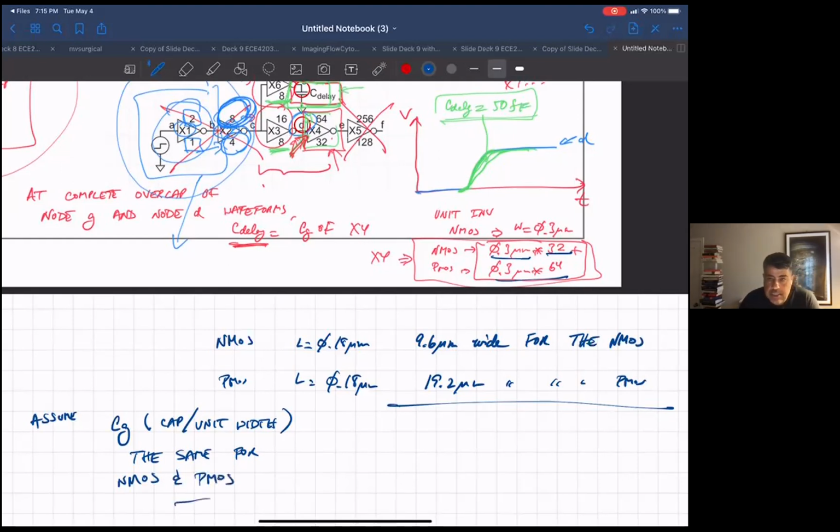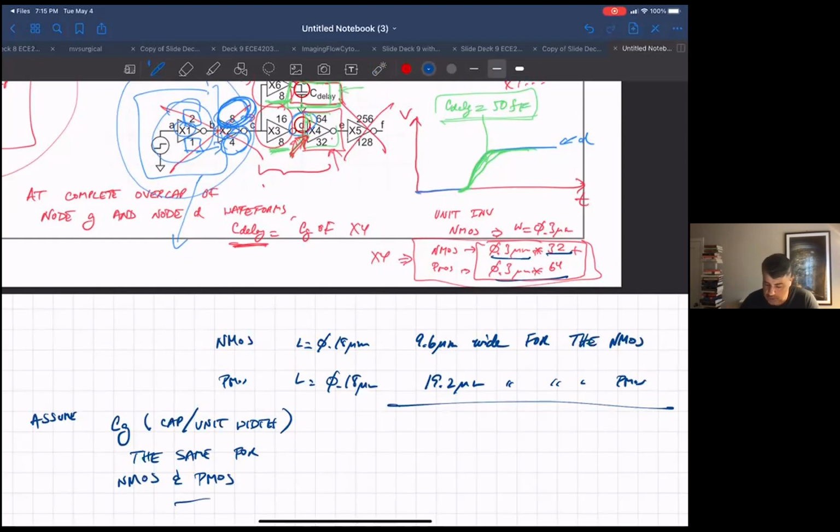I claim that it is because the gates for the NMOS and PMOS get made at the same time in the process, so the oxide is guaranteed to be the same thickness.